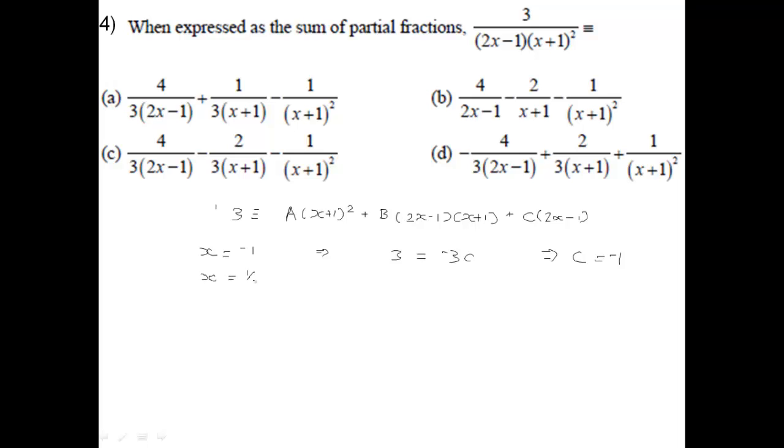x equals a half will 0 this bracket and this bracket so we can find a. That would be 1.5 squared, which is 9 over 4a.